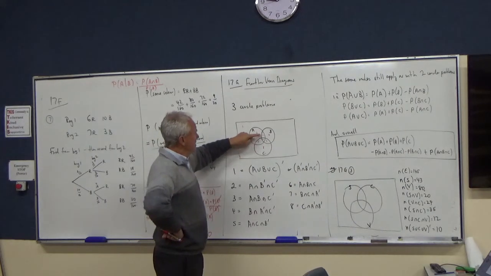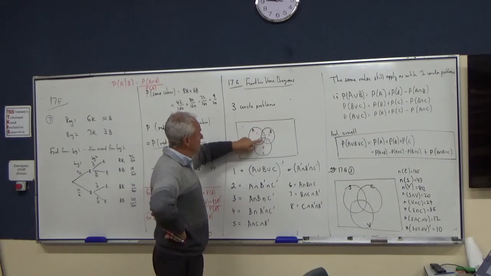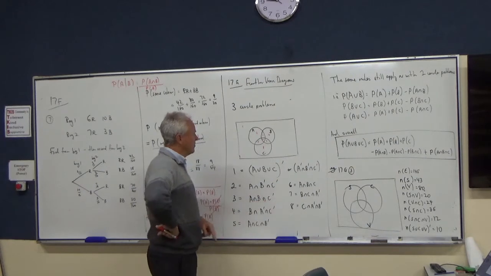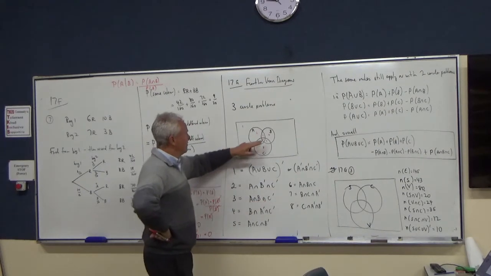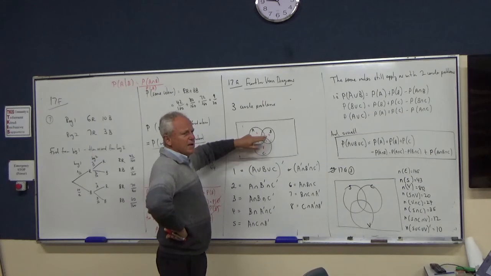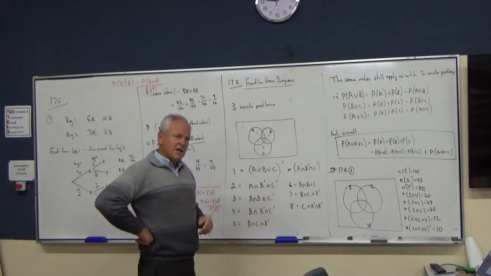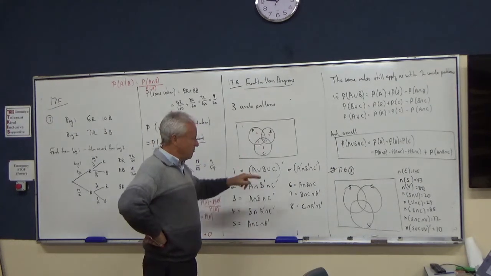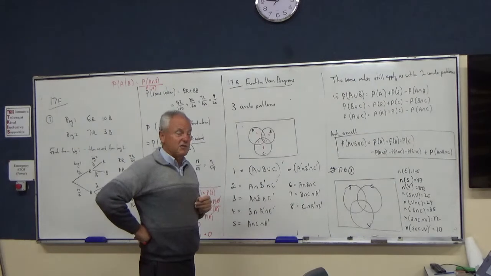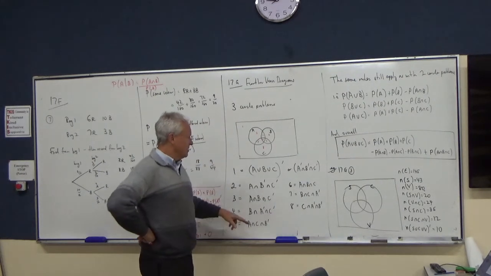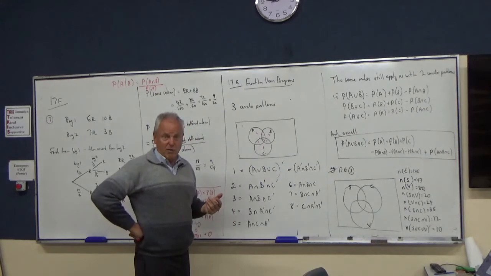Region 3 here is in A intersection B but not in C. So that's A intersection B intersection C complement. Then region 4. Probably a good thing for you to do is to draw up your own table here, by all means have a look at these first, but then see if you can work out how to express each region. I think the easiest way is just using intersections, but there's more than one way to do it.